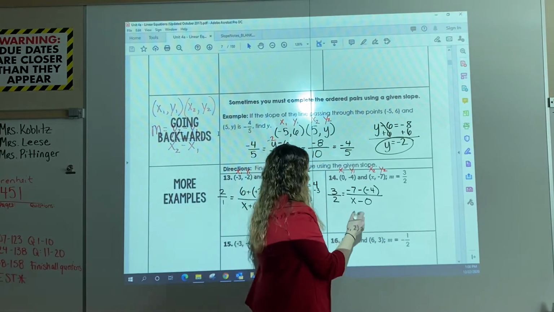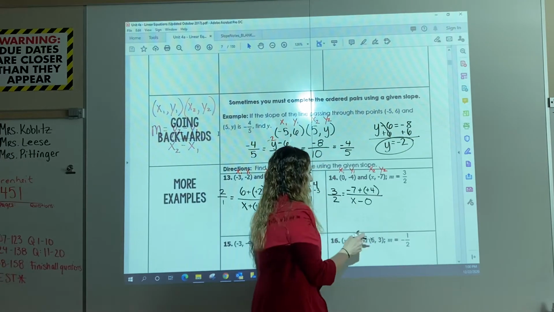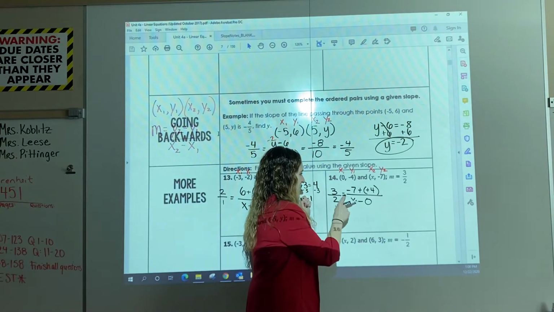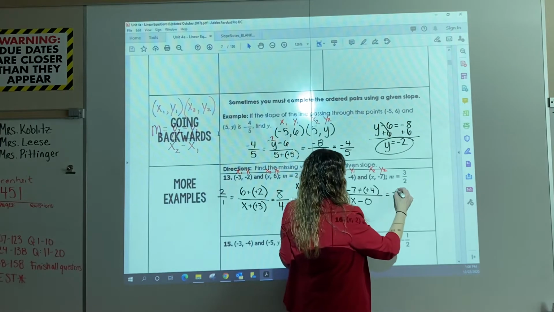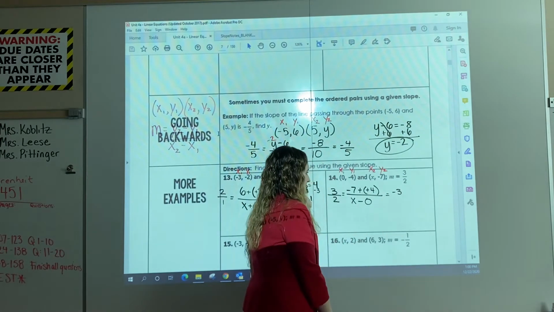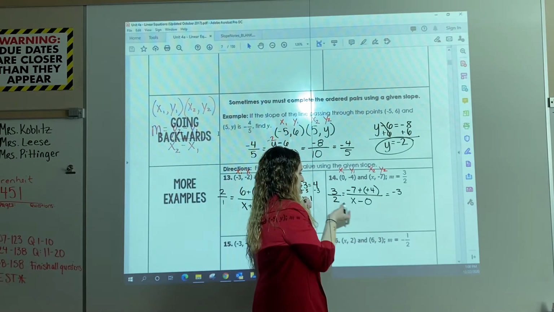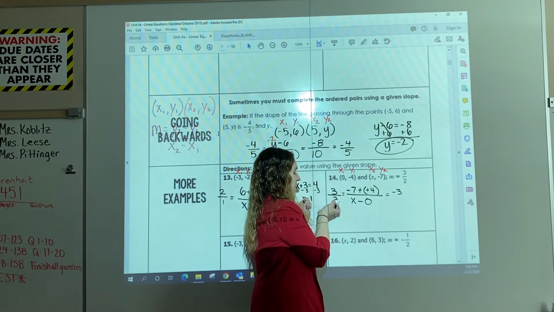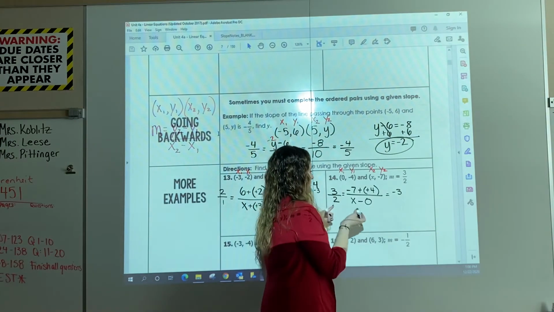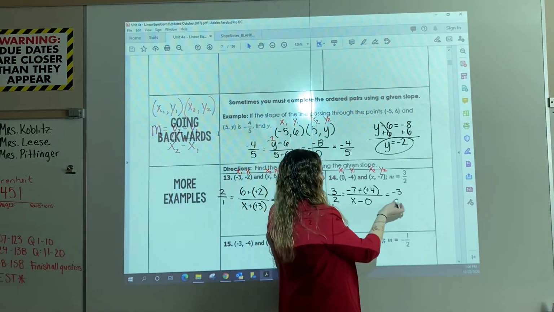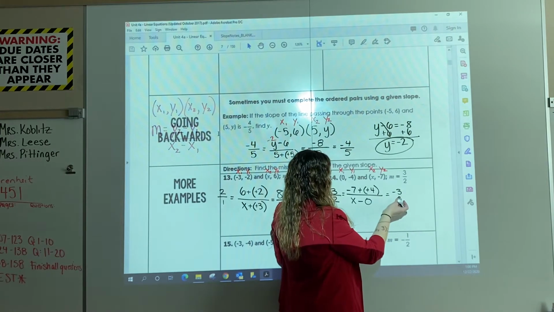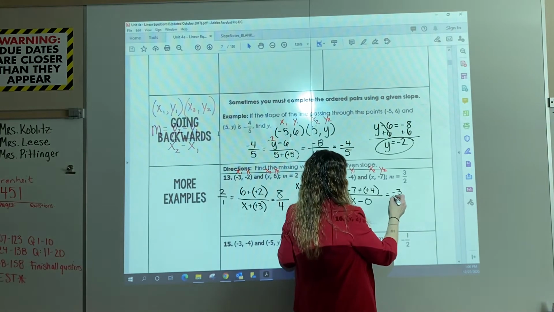So here we're going to have a plus positive, and I know that negative 7 plus 4 will give me negative 3. x minus 0, well, I don't know, but I do know that this simplifies to give me a positive 2. So if I wanted this to be a negative 2, then I would just have to make that a negative 2.